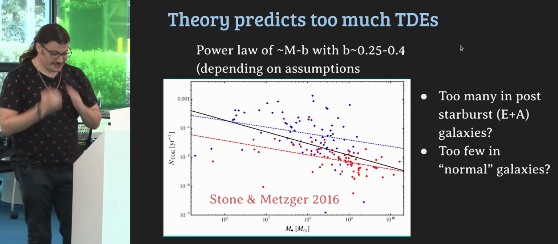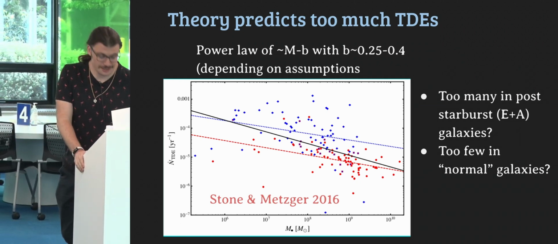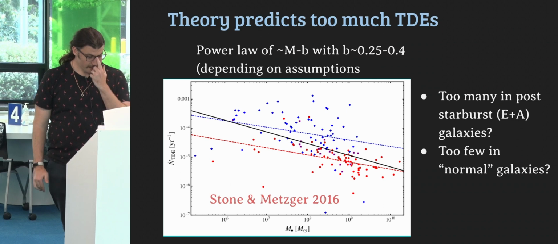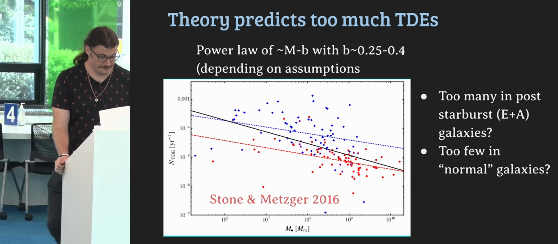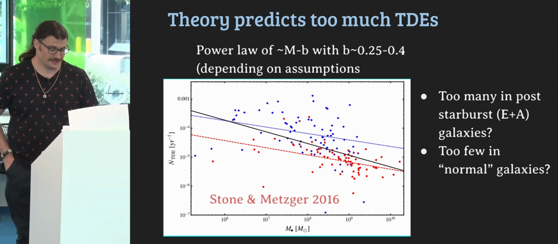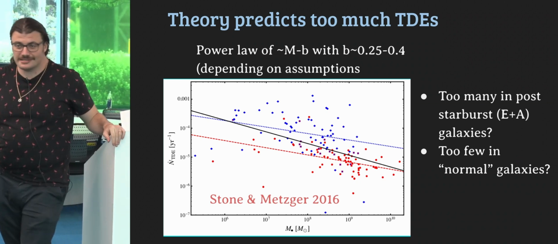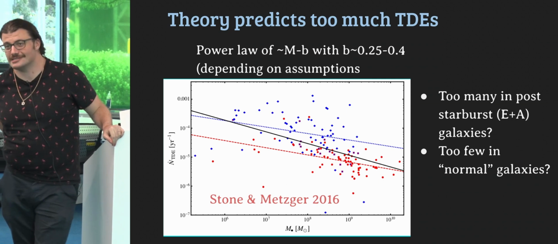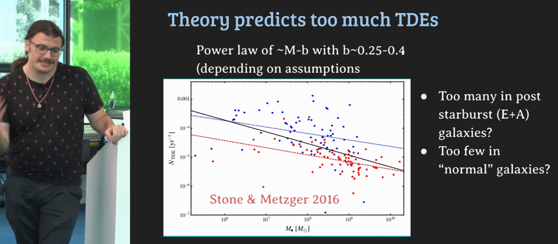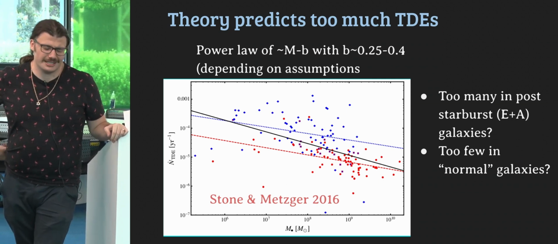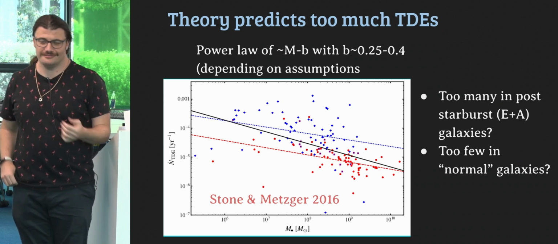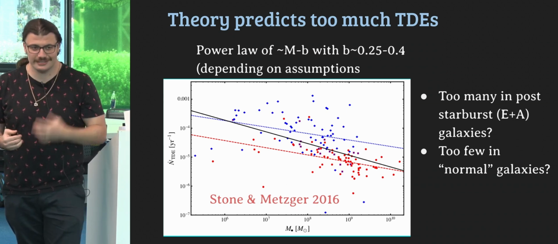But also, I think maybe Katie mentioned, and we had some discussion, that maybe there are a bit more TDEs, more disruptions, in post-starburst galaxies. Basically, this E plus A means it's an elliptical galaxy, which is old enough, but has a recent overabundance of A stars, which are quite young.